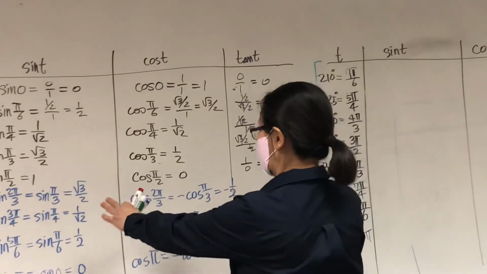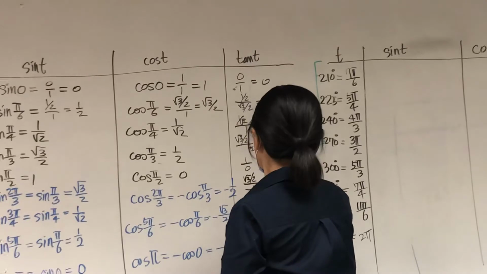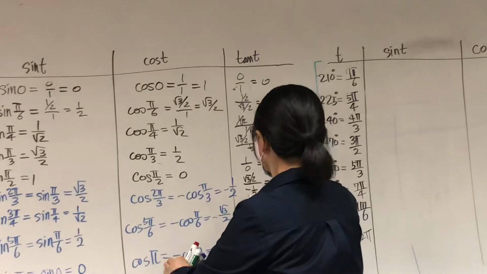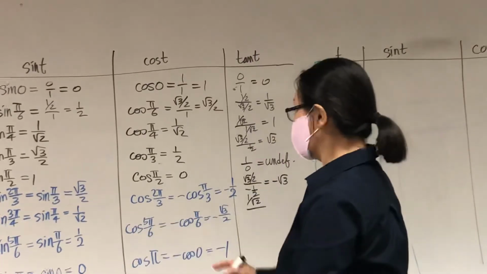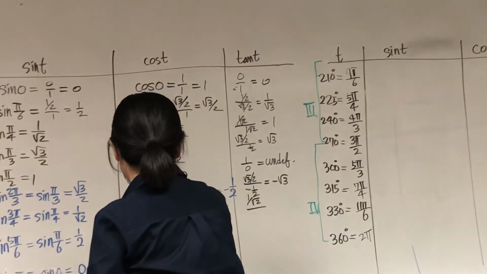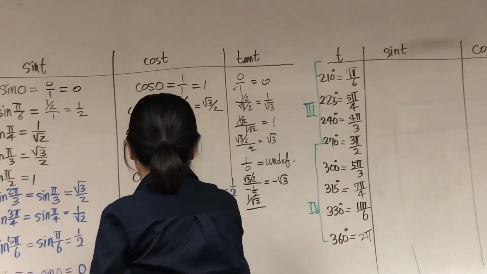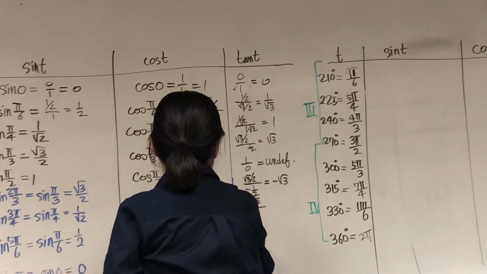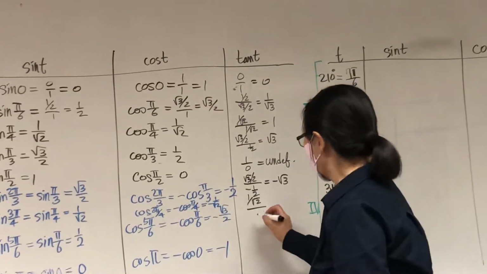What is that? Am I right? Oh, I'm missing one. That's negative 1 over root 2.